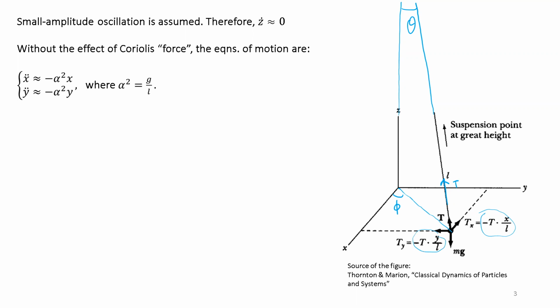The Tx would be, first of all, I want to get the horizontal component of this T. So T sine theta would be the horizontal component of this T. Then if I want to just take the x component, that would be sine theta and then multiply by sine phi. So what is sine theta and sine phi?